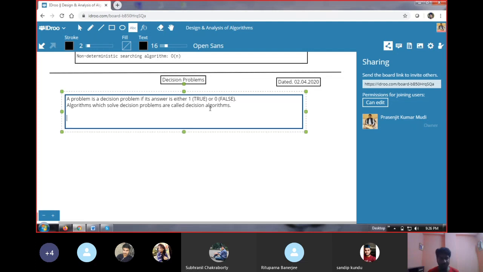And for your information, I want to make a note of optimization algorithms, which are somewhat different from decision problems. A problem which requires finding an optimal solution subject to a given cost function is called an optimization problem.